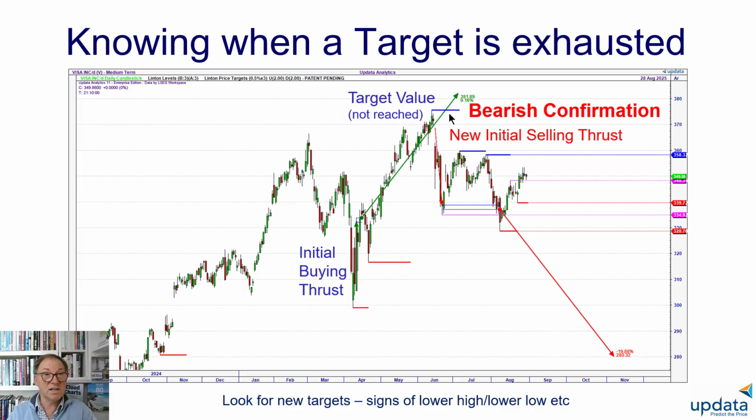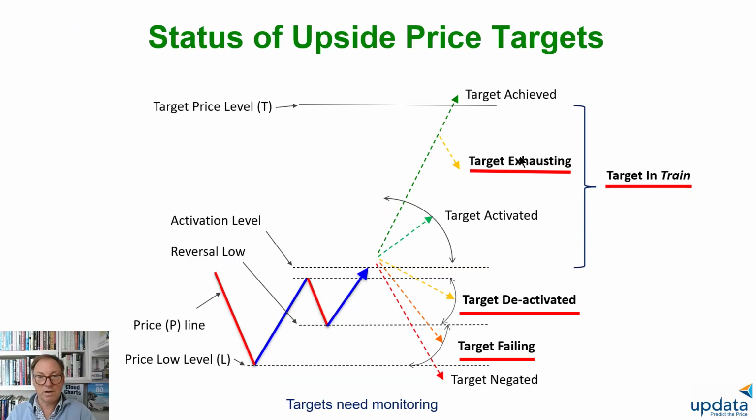You might look at the 60-minute chart, and this is a medium-term daily chart, and see downside targets being generated, and that's telling you the short term is turning bearish. The trends are not lining up anymore, and that is a form of bearish confirmation. So this new selling thrust just confirms that this is not an inherently bullish chart, even though we might think it's got an uptrend.